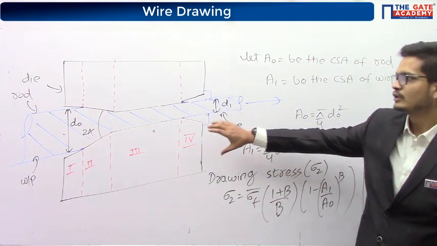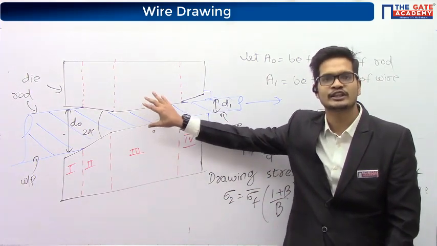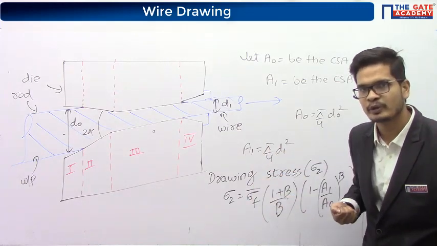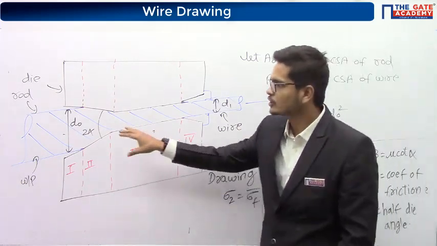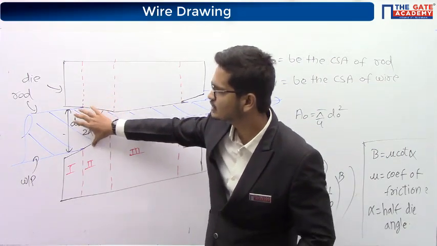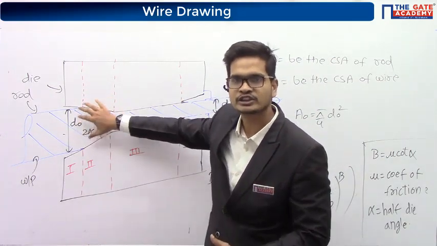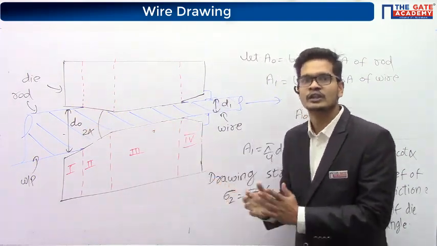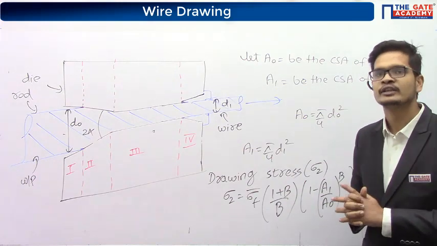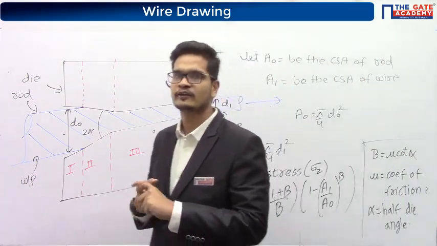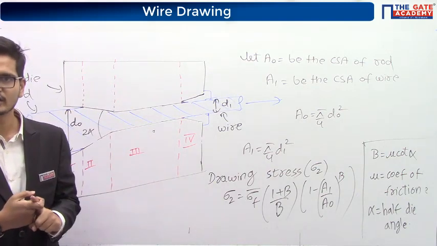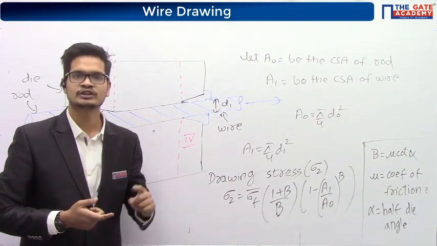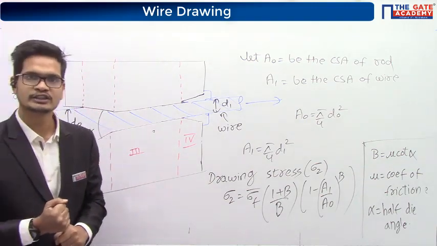Yes. Whatever shape is being changed in the wire, it is not changing because of the drawing stress. Drawing stress is just the stress by which you are pulling. Now, because of the pull, the workpiece is getting compressed. It is experiencing shear force and tensile force. Because of all these forces, flow stresses are induced in the material, and because of those flow stresses, the material is undergoing deformation.